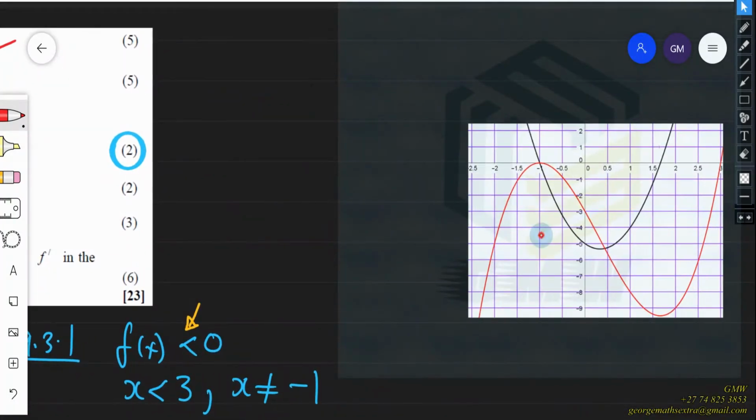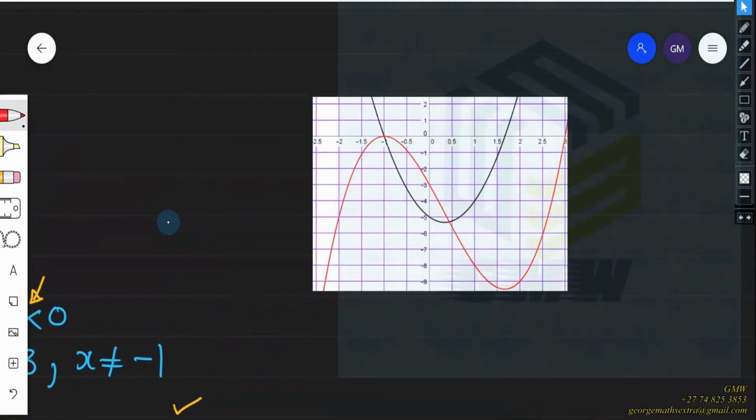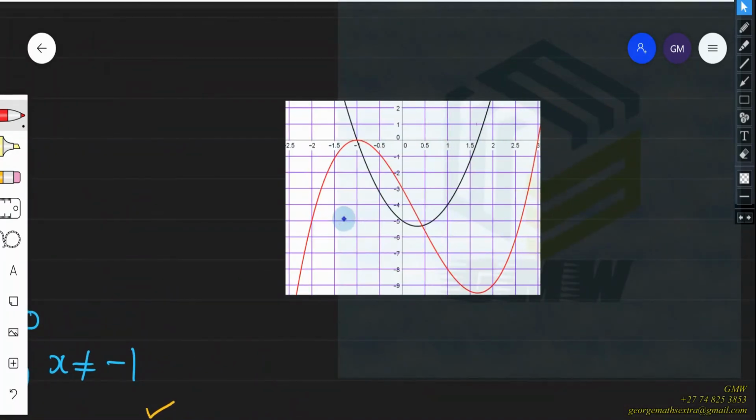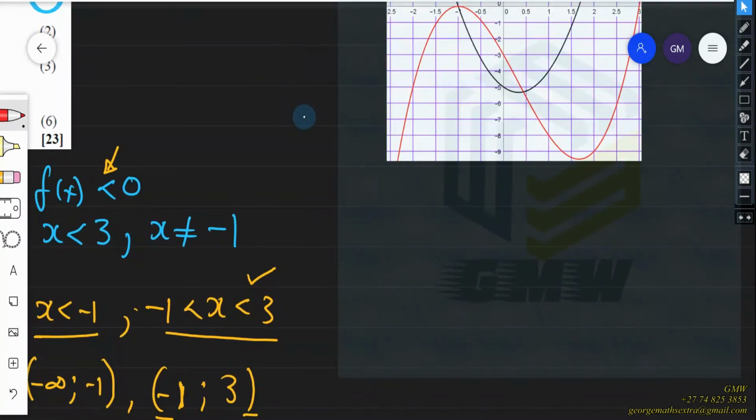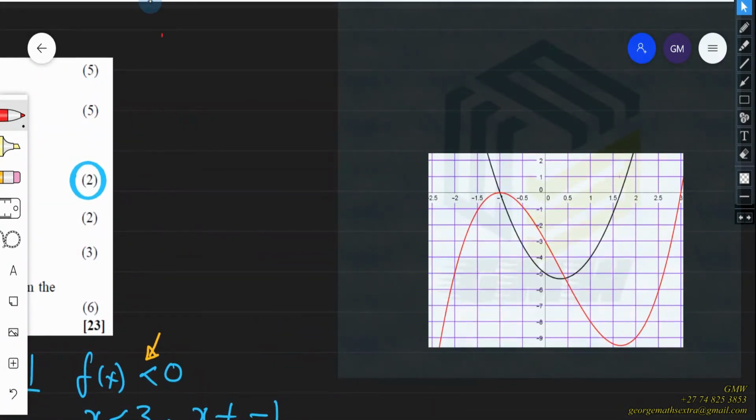But what are we differentiating? For 9.3.3, our f of x is given as x cubed minus x squared minus 5x minus 3.